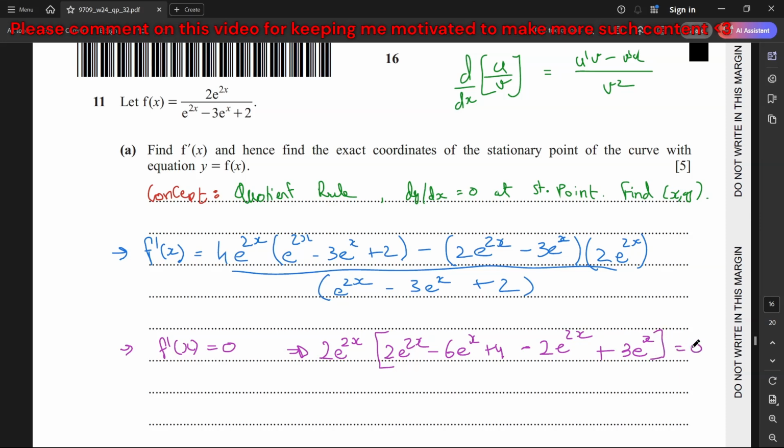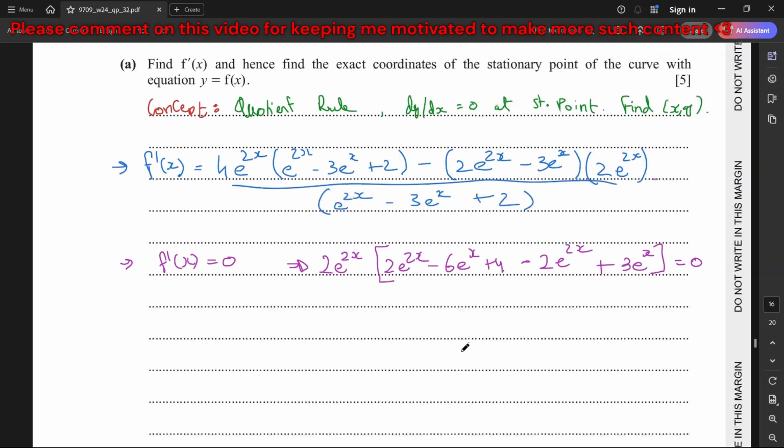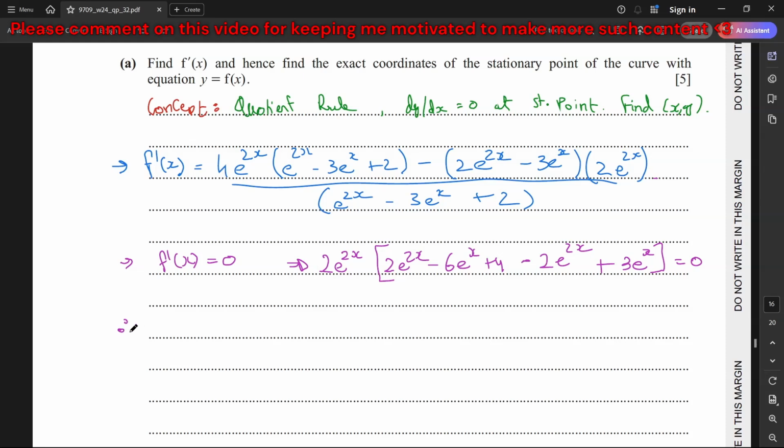to 0. Because obviously this denominator, if this is equal to 0, this goes to the right hand side and it becomes 0 itself. And from here I can say that therefore 2 e power of 2x can be equal to 0, or this term, if I simplify this and this gets eliminated, I'm left with minus 3 e power of x is equal to negative 4.